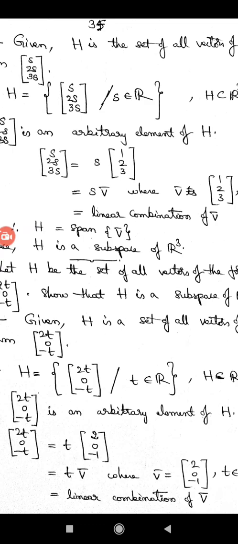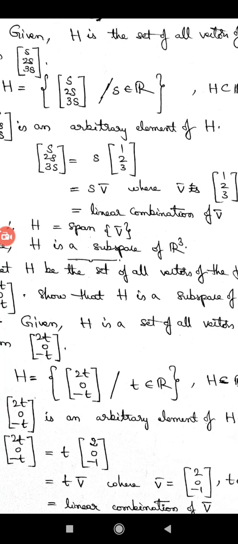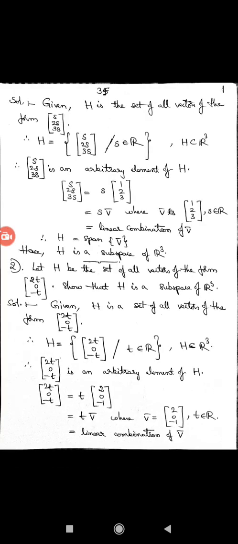If some arbitrary element of H is a linear combination of v bar, then generalizing it, we can say that every element of H can be expressed as a linear combination of v bar. That means the set H itself is equal to the span of this vector v bar.